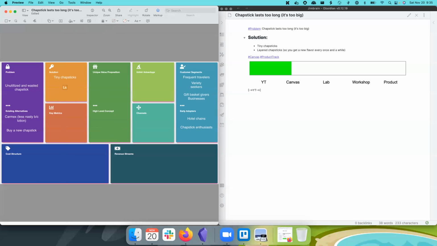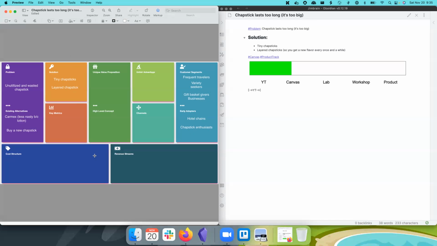But I also like the idea of layered chapstick. It gets you variety. They solve different problems. I guess it depends on why chapstick is wasted. Do you get bored of the flavor or do you lose it?